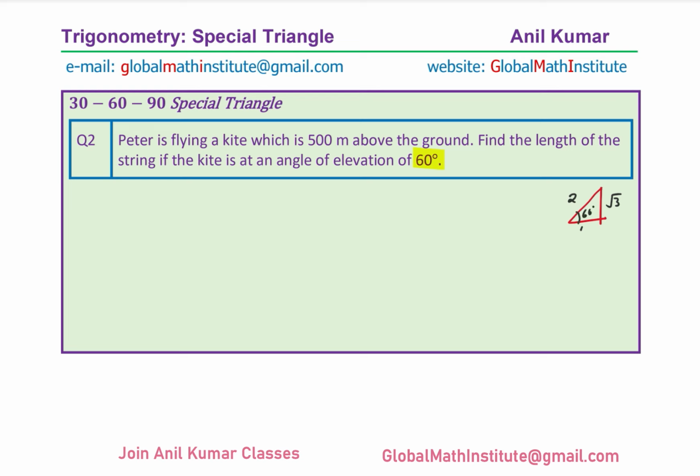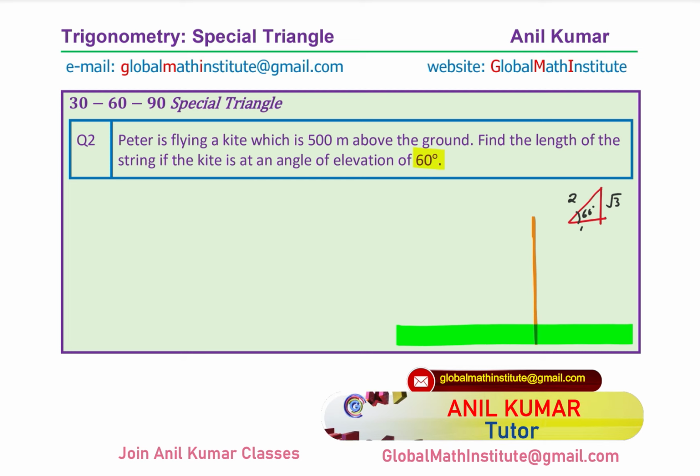What are we given? Peter is flying a kite 500 meters above the ground, right? So let's say this is the ground, okay? And the kite is 500 meters above the ground. The angle of elevation is 60 degrees, right?